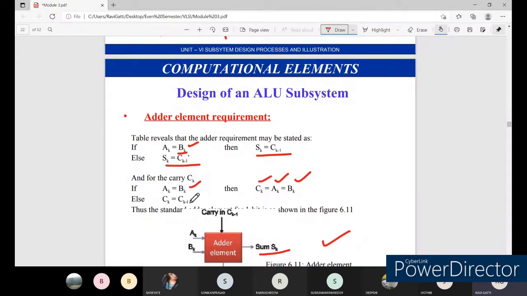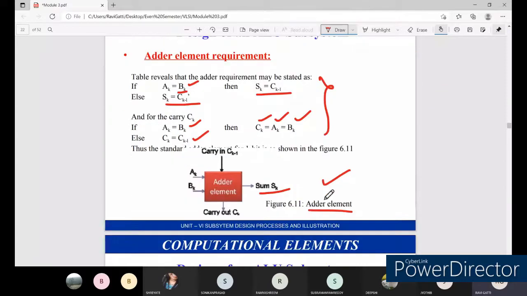If that is not the case, then your newly generated carry will be Ck minus 1. So based upon this relationship, we can create an adder element. What is the adder element? It has input terminals, and you'll have a carry in, and you'll be getting two output terminals, that is a sum and a carry out. So based upon these identities, we have generated this adder.